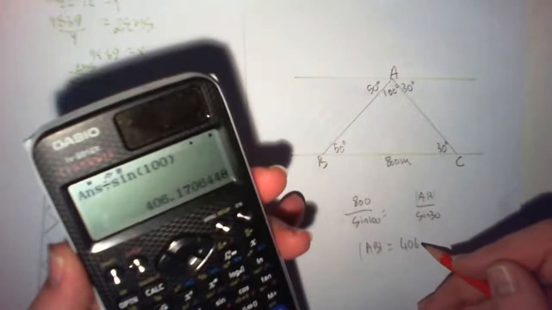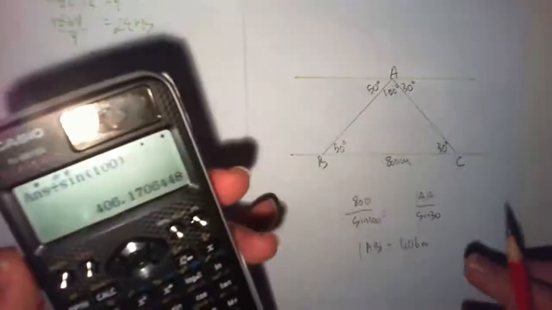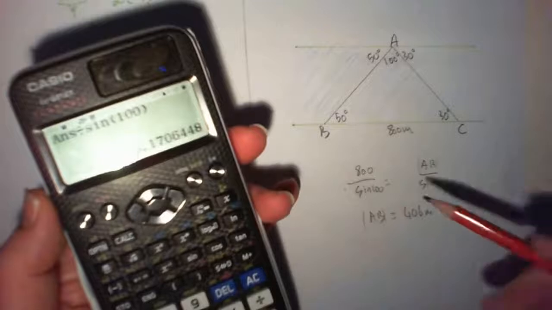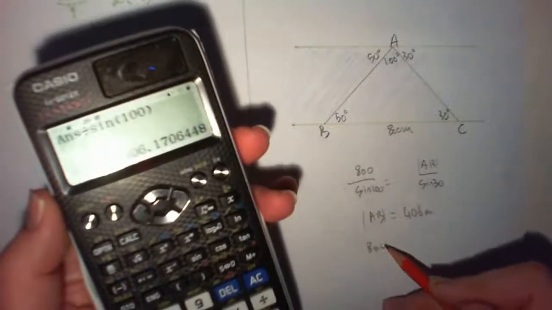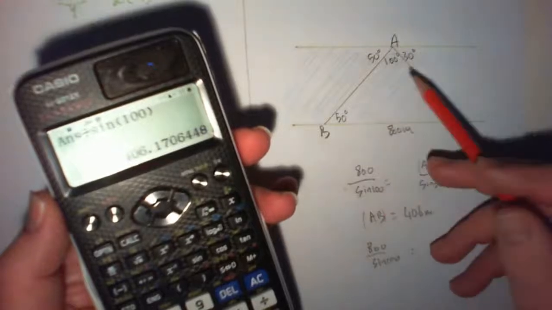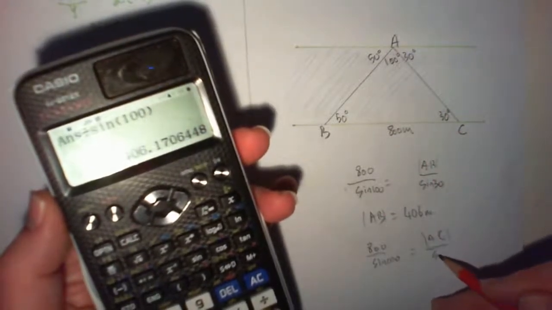He's some swimmer. Now let's check the other lad. It's kind of the same, but it's a reversal, really. It's still going to be 800 over the sine of 100 is equal to AC over the sine of 50. It's going to be a bit shorter for this lad, I think.